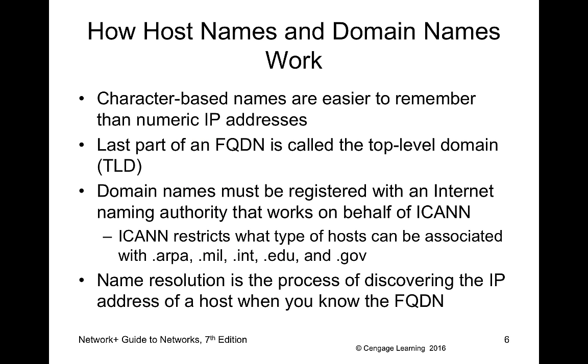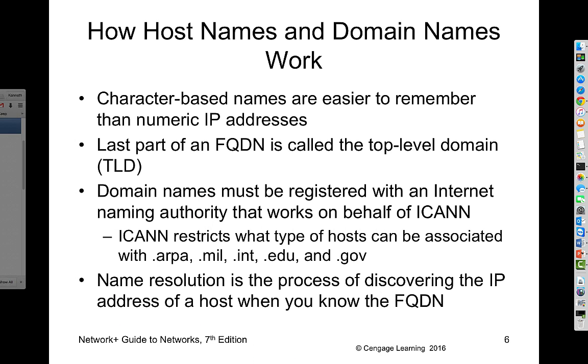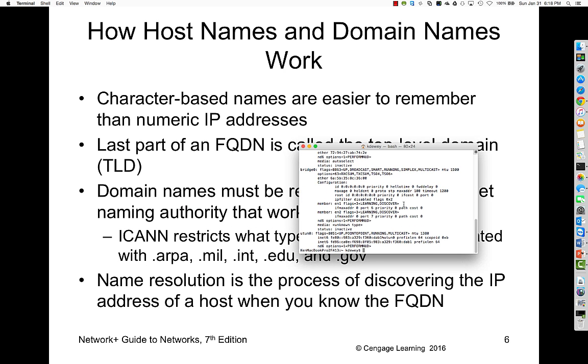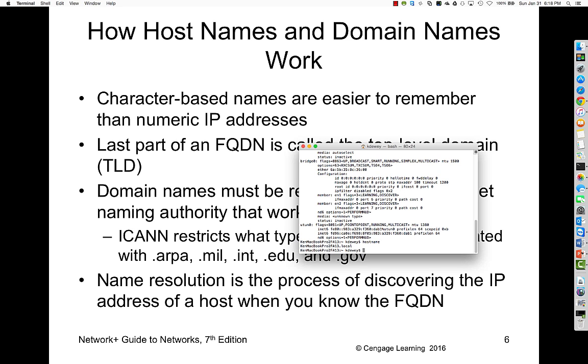Now let's talk about host names. Host name is the name of the computer. I don't know if I can find this out on a Mac, so we're going to try this right now. On Windows, it's quite easy. You type hostname. Look at that, you can do it on a Mac.